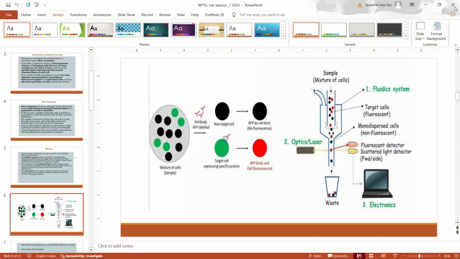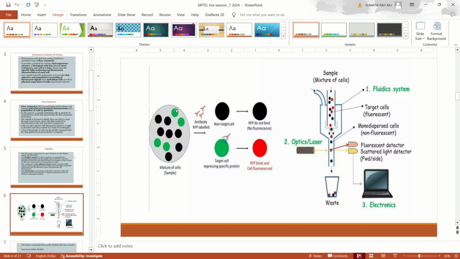This is a picture to just demonstrate how this works. This is your sample. Here you have a mixture of cells. Around this you need only one type of cells which express a particular type of protein or a particular type of antigen in this case, because we use antibodies to detect it.